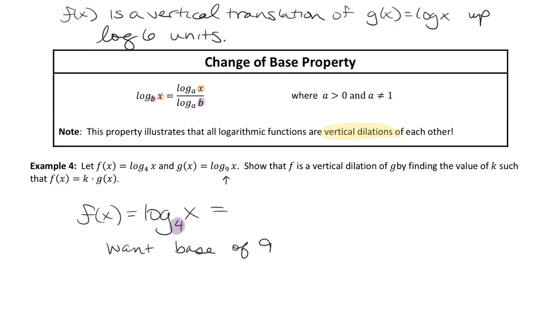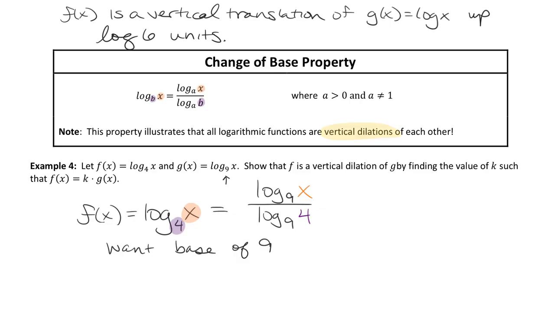Here's my 4. Here's the x. I'm going to rewrite this as log base 9 of x divided by log base 9 of 4. That is using the change of base property. I specifically chose to use the base of 9 so that f and g could be related to each other.